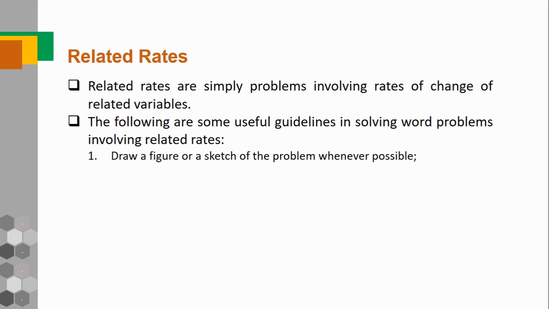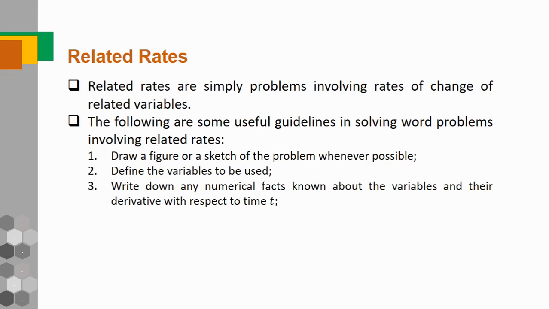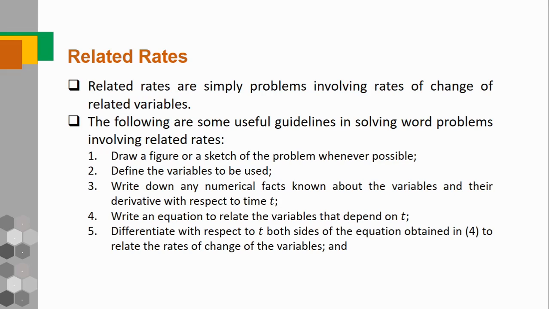Step 1. Draw a figure or a sketch of the problem whenever possible. Step 2. Define the variables to be used. Step 3. Write down any numerical facts known about the variables and their derivative with respect to time t. Step 4. Write an equation to relate the variables that depend on t.